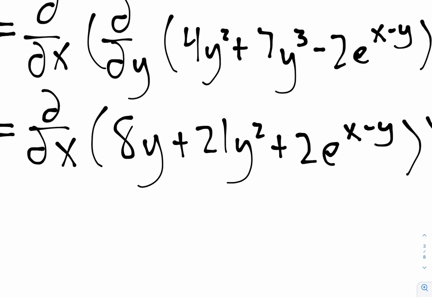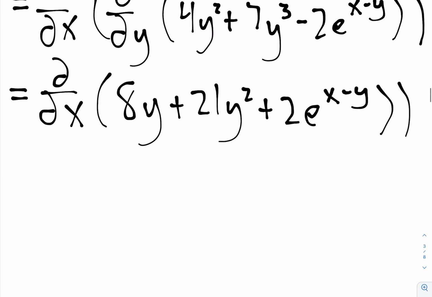Okay, last step. Now we have to differentiate this entire inside with respect to x. Since there's no x here, we can consider that a constant for now, so the derivative of 8y with respect to x is 0. Same thing, 21y squared has no x in it, so it's just a constant, so it's 0.